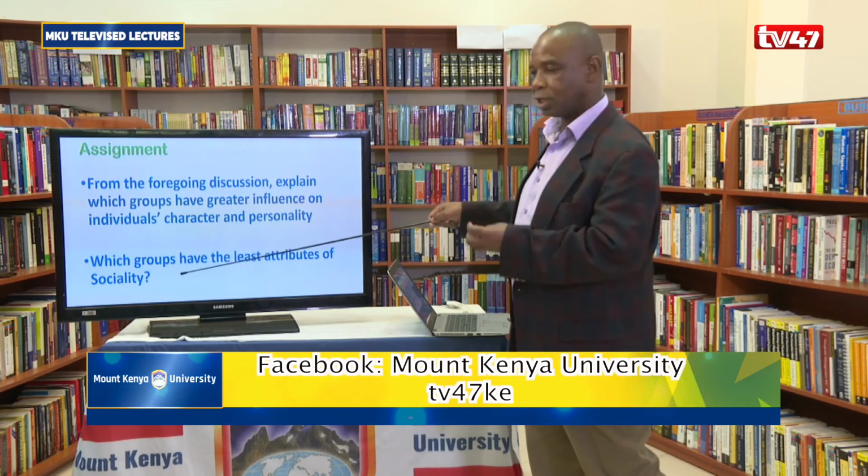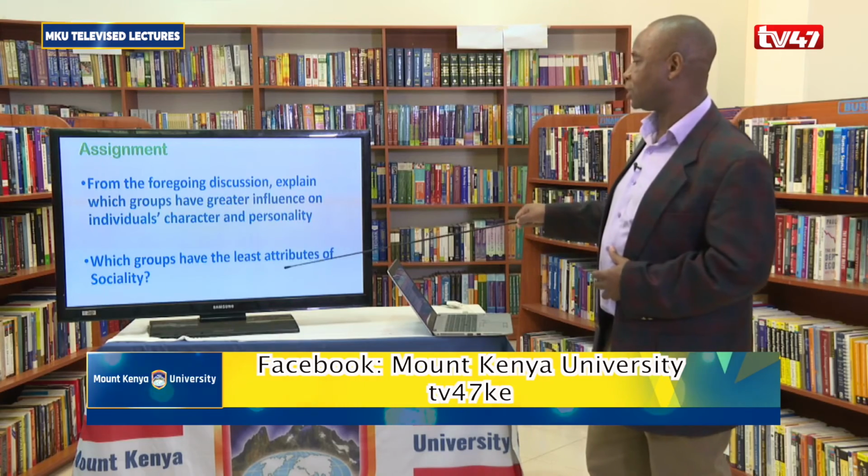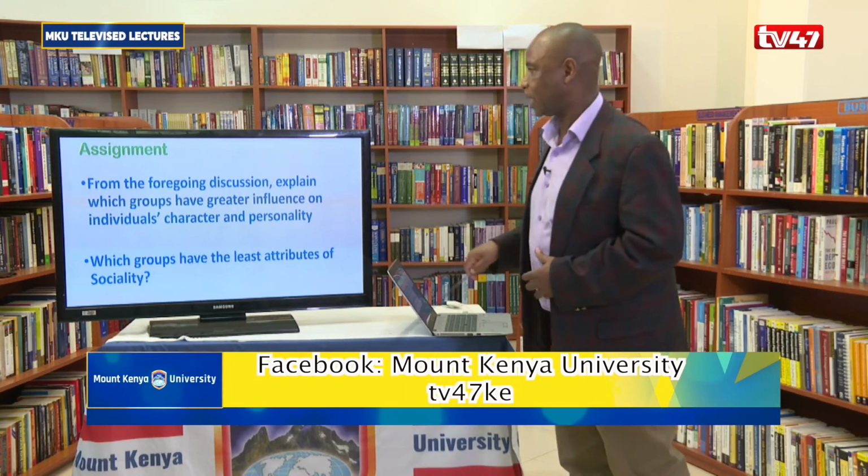And which groups have the least attributes of sociality? Remember what we discussed about sociality? Sociality, social relations, interrelationships, belongingness. Which of these groups have the least attributes of sociality?